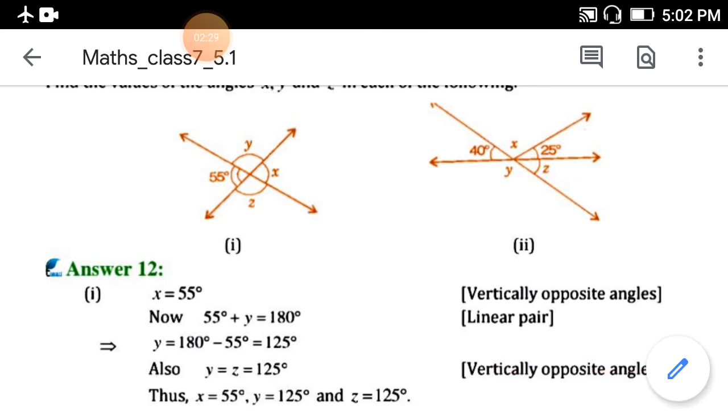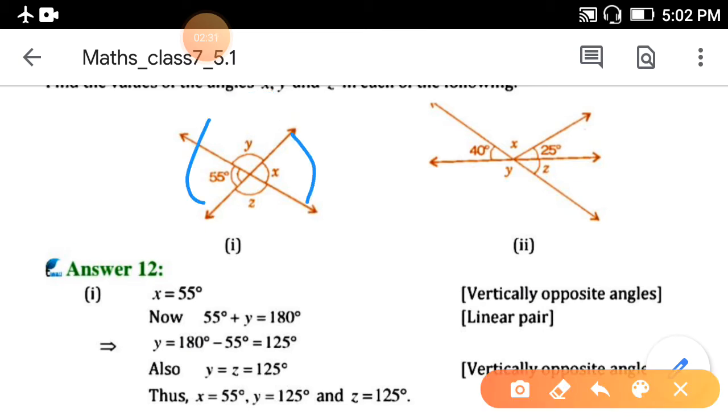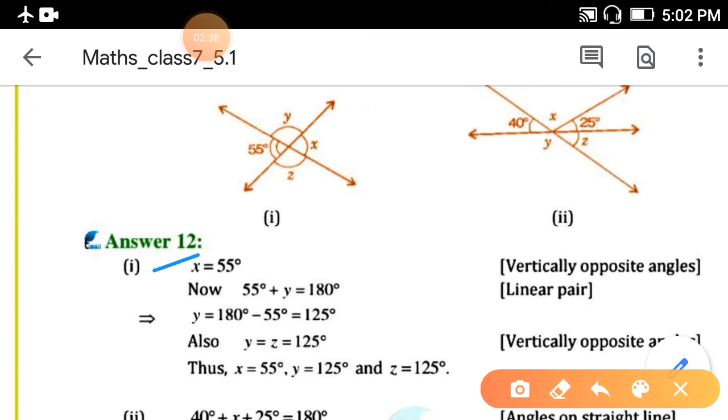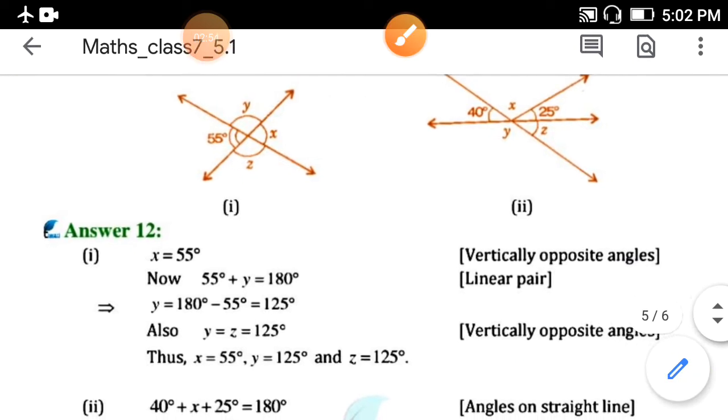Now you can see in the figure this 55 and x both are vertically opposite angles, so x is equal to 55 degree. Next, linear pair, 55 plus y is equal to 180 degree, so y is equal to 125. And if y is equal to 125, then z is also 125, vertically opposite angles.